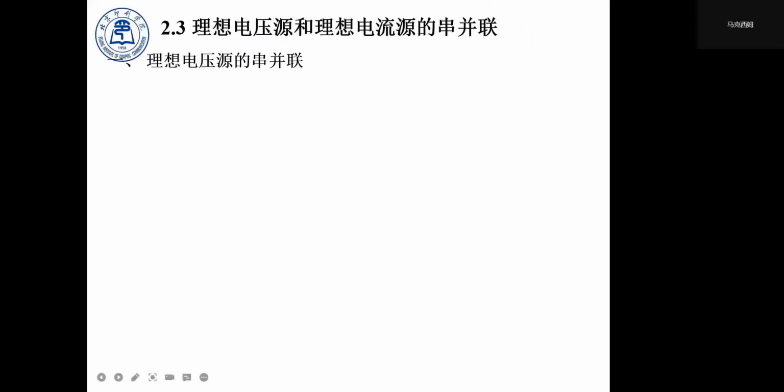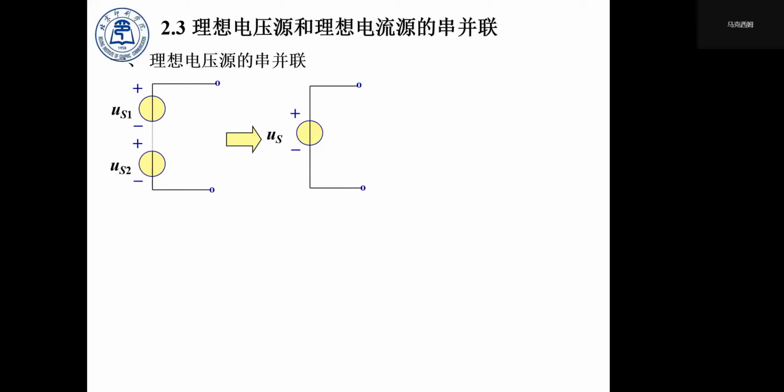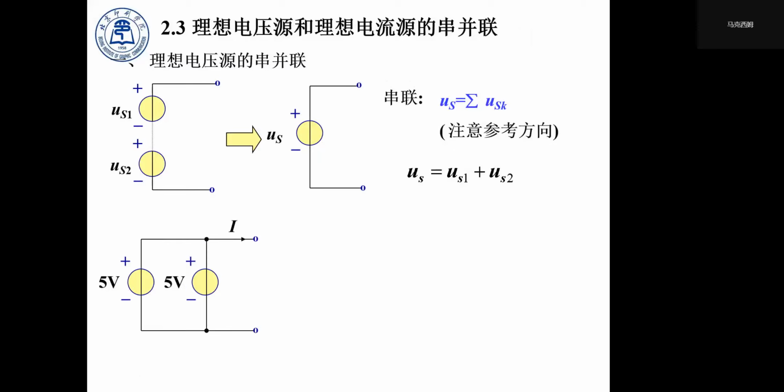So this is how we deal with the series connection and the parallel connection of ideal voltage sources. It's simple, but it's very important because in later lectures we're going to use this skill over and over again.